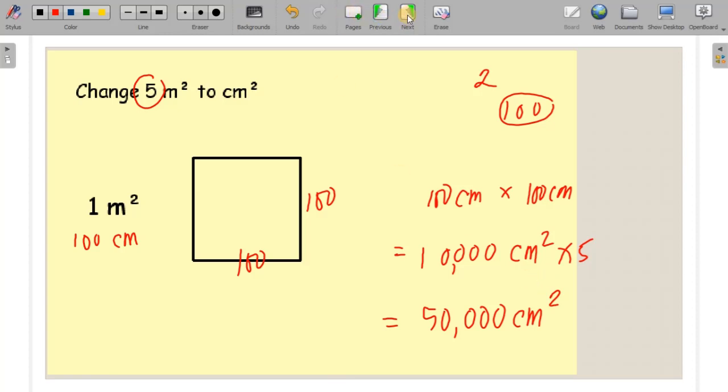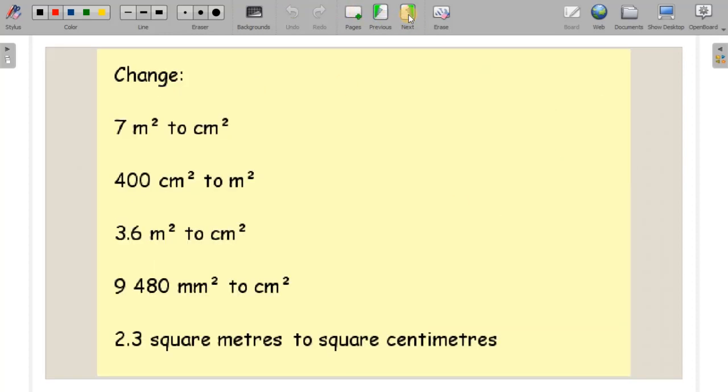I hope by this time you see the pattern. Next example. Alright, I want to share the pattern with you. From meters to centimeters, how many steps? That's why I want you to remember the conversion chart.